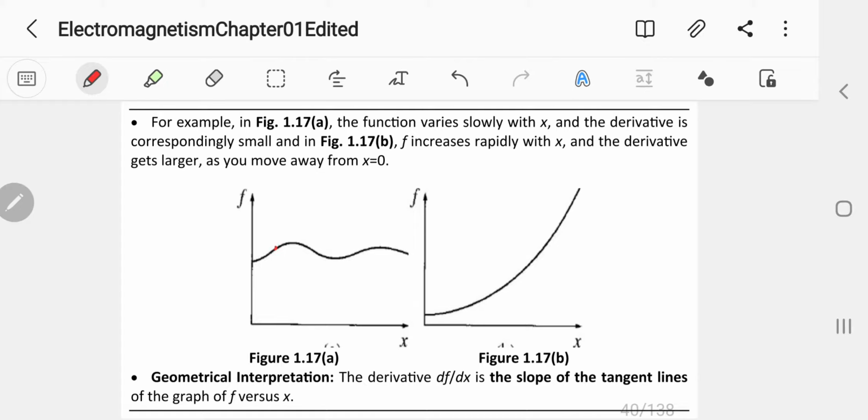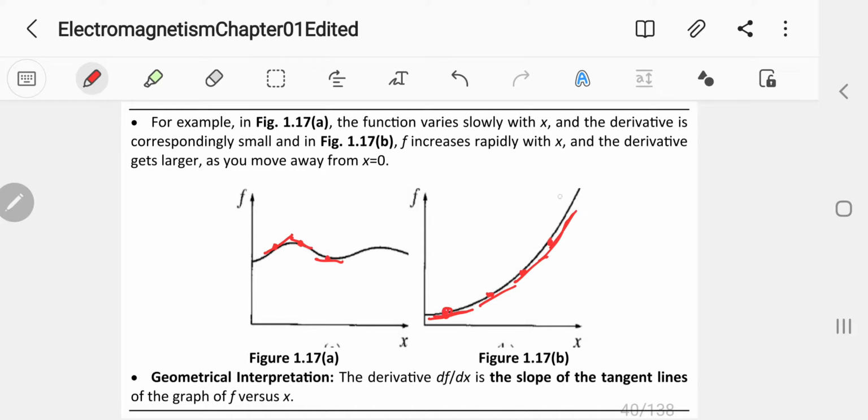So here you have the derivative is the slope of the tangent lines of the graph of f versus x. So in this case, the slope is there, and here the slope is that way and the slope is that way. It doesn't drastically change, but here you have a slope in this orientation, and then in this orientation, and then in this orientation.